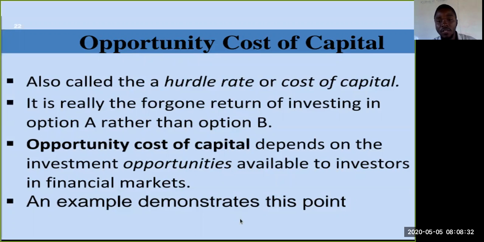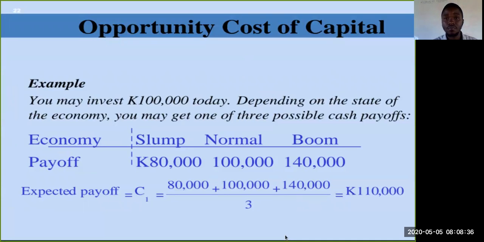An example demonstrates this point. You may invest 100,000 kwacha today. Depending on the state of the economy, you may get one of three possible cash payoffs. So you've got the economy and the payoffs.